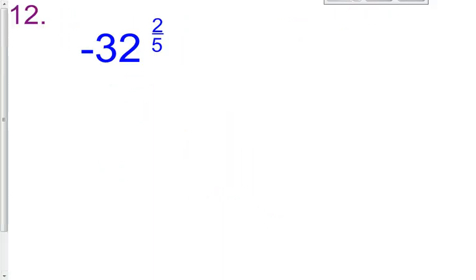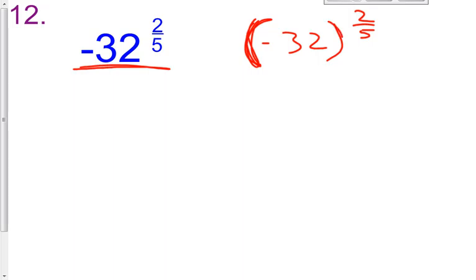Let's practice another one. A negative 32 raised to the 2/5. Now class, there's a big difference between what is written here and a negative 32 raised to the 2/5 with a parenthesis. If there's a parenthesis, they're saying the whole thing is a negative 32. What we have here for number 12, we don't see any parentheses.